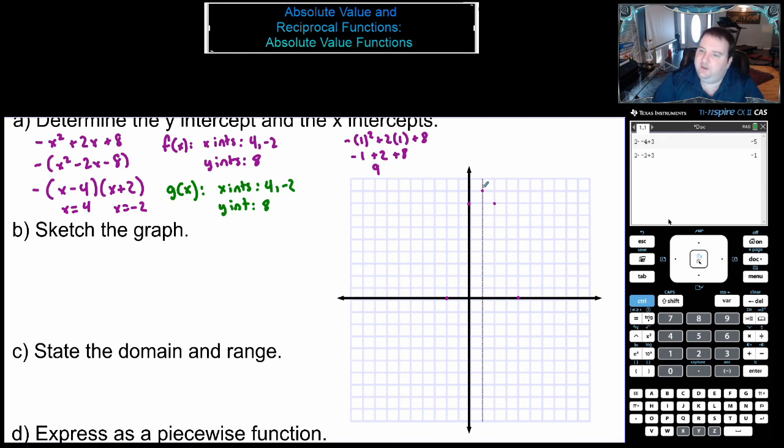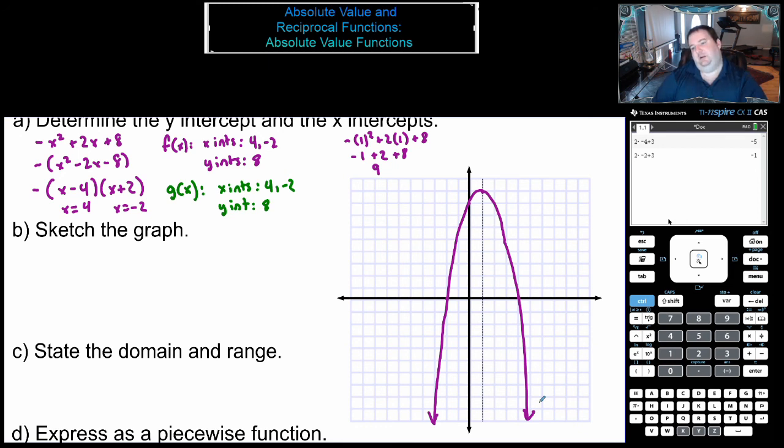So let's go ahead and graph this. So this is going to come down through this point, and continuing down like that. Through this point. There we go. I'm making mistakes now. Okay, let's try this again. Through this point, and down.